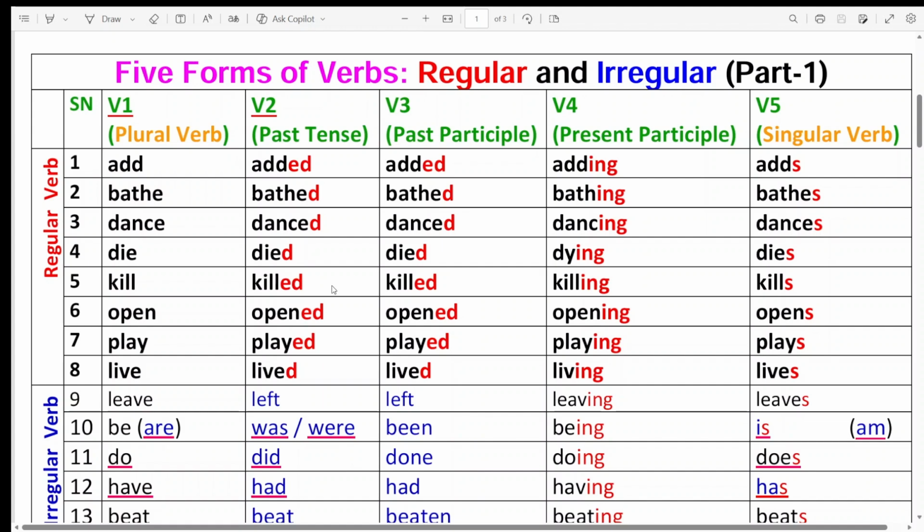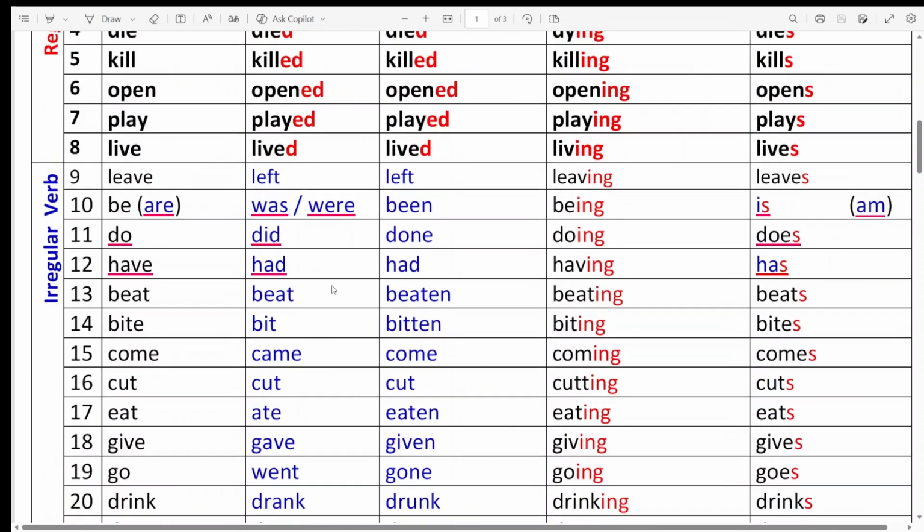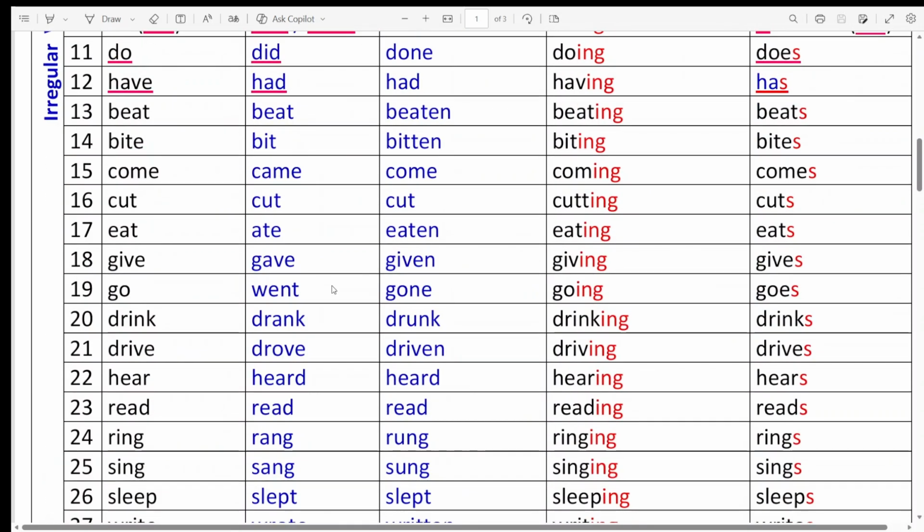Do, did, done, doing, does. Have, had, having, has. Beat, beaten, beating, beats. Bite, bitten, biting, bites. Come, came, come, coming, comes. Cut, cutting, cuts. Eat, ate, eaten, eating, eats. Give, gave, given, giving, gives. Go, went, gone, going, goes.